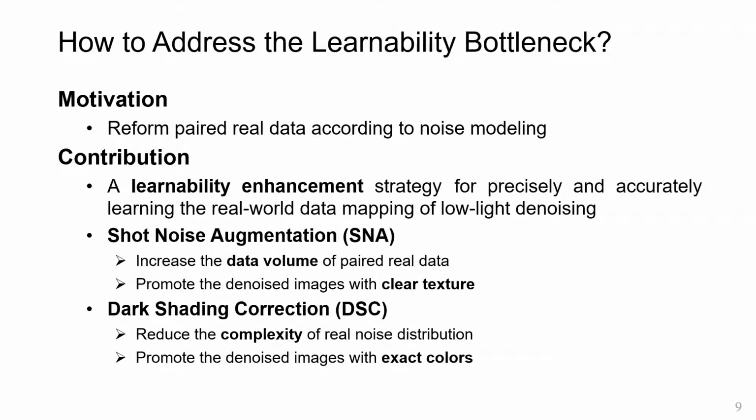It can reduce the complexity of real noise distribution. Benefiting from the reduced noise complexity, the mapping can promote denoised images with exact colors. The idea of SNA and DSC originated from the integration of paired real data and synthetic data, which are assumed as two parallel directions for low-light denoising.